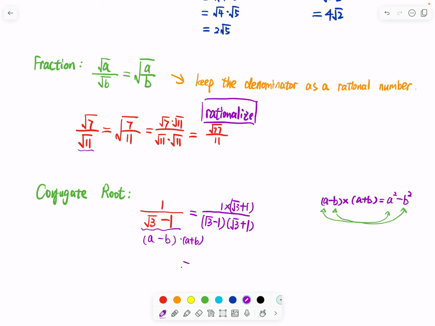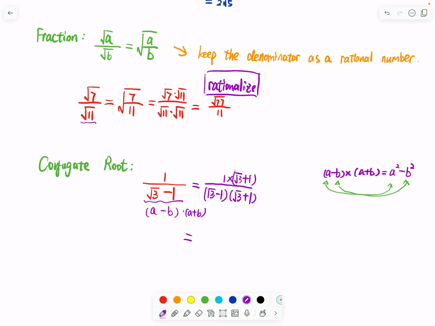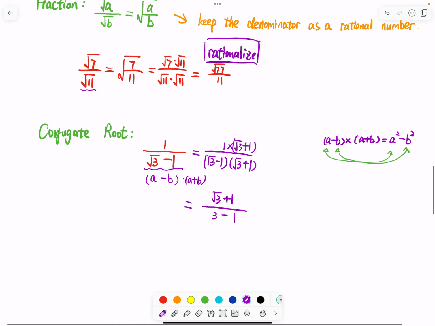So the result is root 3 plus 1 over 2. So this is all about rationalizing.